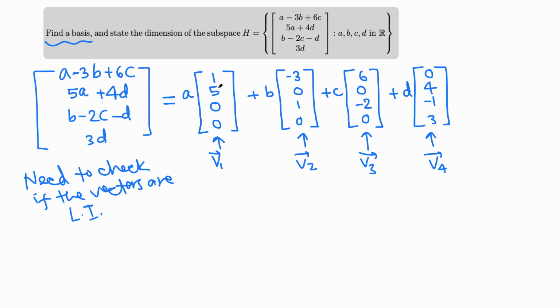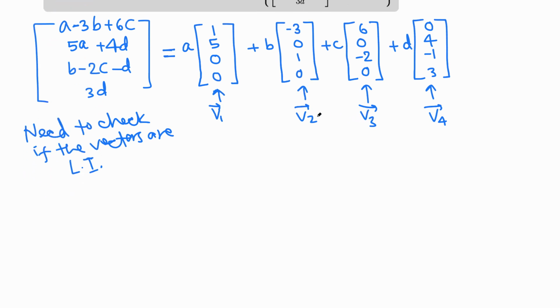Here 0, 0, 1 times negative 2, negative 2, 0, 0, negative 3 times 2 is 6. Negative 3 times negative 2 is negative 6, 1 times negative 2 is negative 2. Oh, clearly now once you look at this, v3 is negative 2 times v2, because if we multiply v2 by negative 2, then we get this.